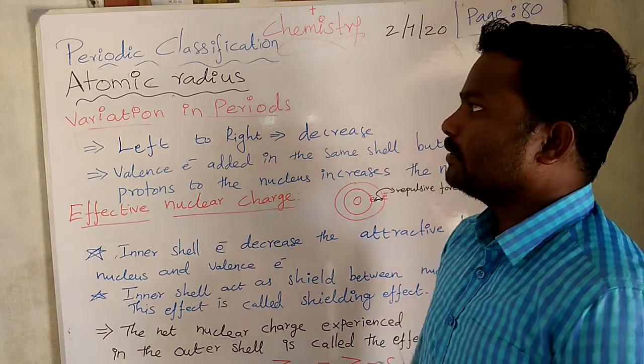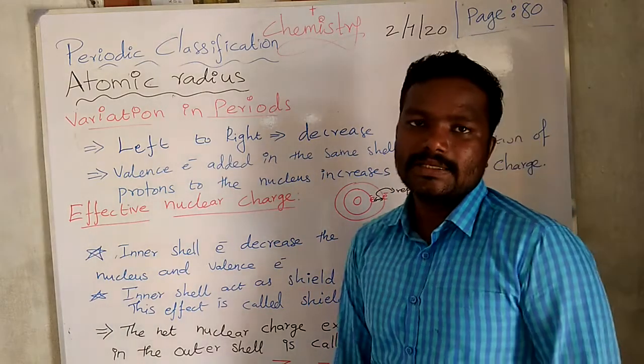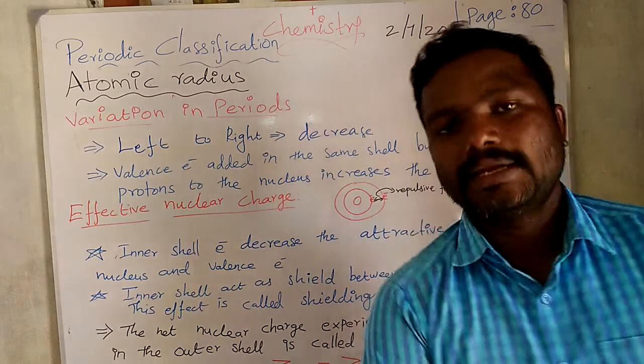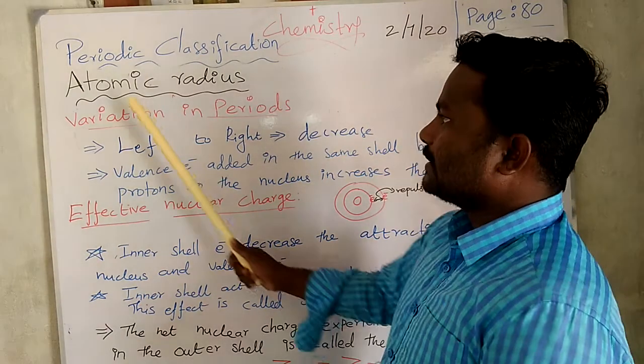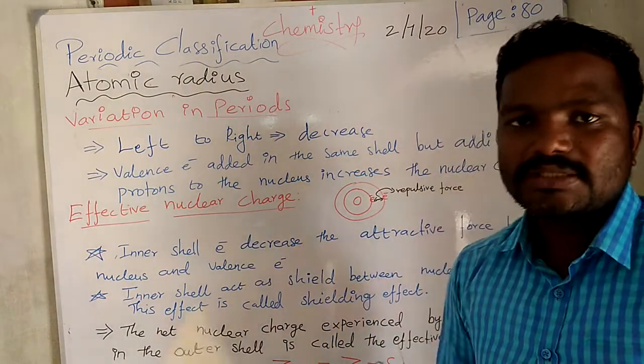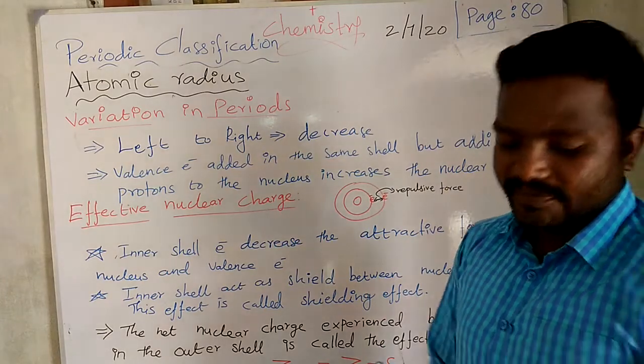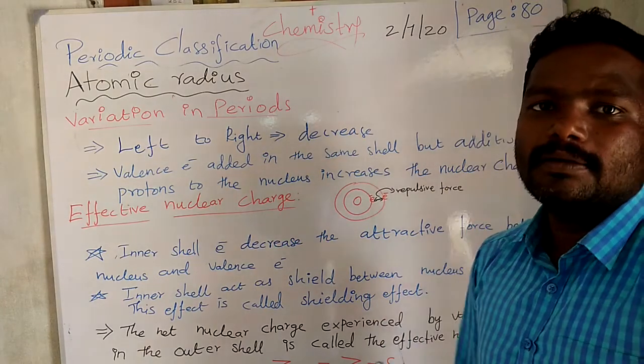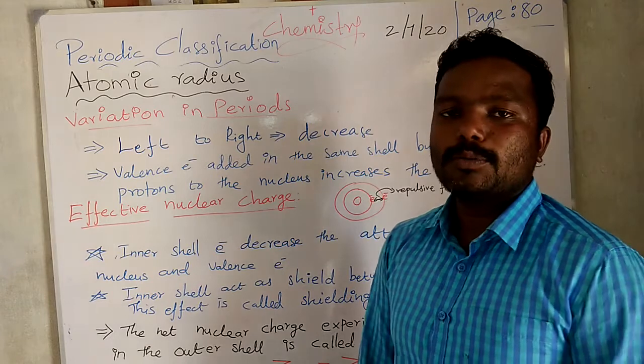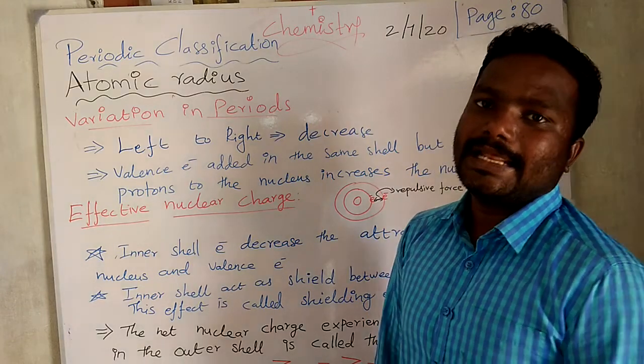Today we are going to see atomic radius variation in periods. What is atomic radius, my dear students? The distance between the center of the nucleus and the outermost valence cell electrons.